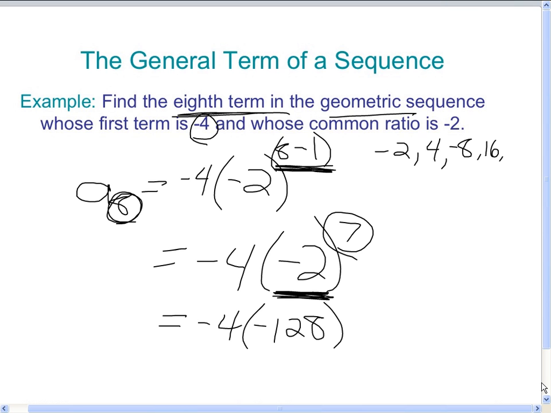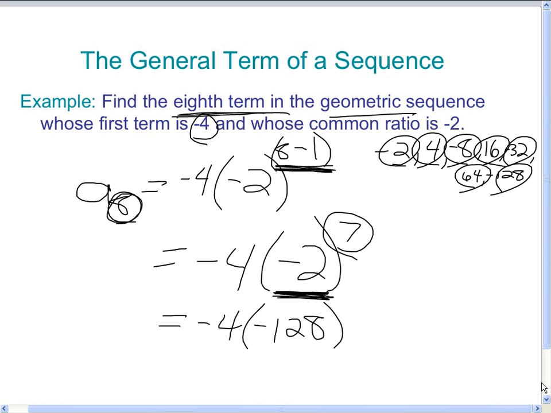So notice the sign alternates as well, so be careful with the sign. So negative 32, positive 64, negative 128. So first power, second, third, fourth, fifth, sixth, seventh power.